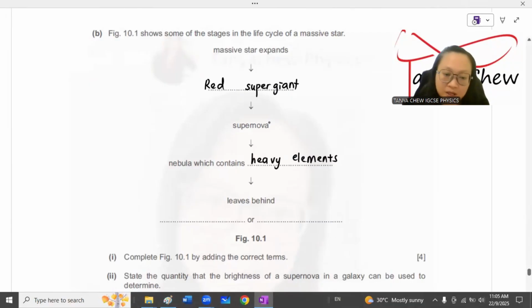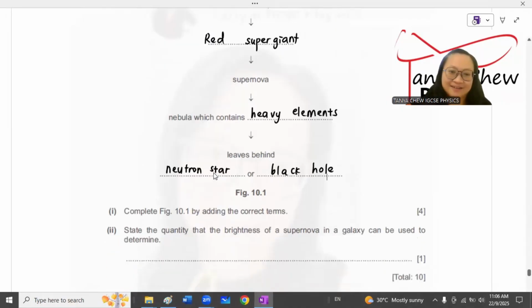And after that, it leaves behind, depending on how massive the star is. If the star is just a massive star, it will form neutron star. If the star is super duper massive and super duper large, it will collapse into itself and form a black hole. Done.